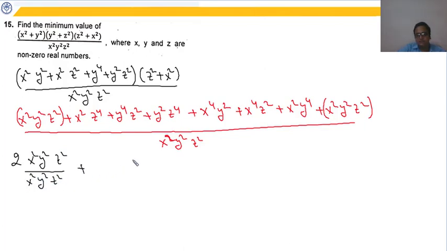Plus, now bring this to the denominator of every part.